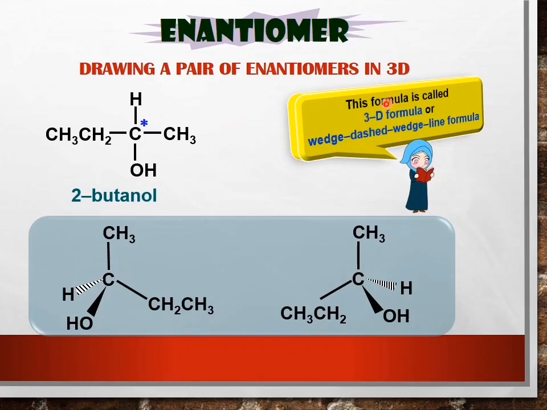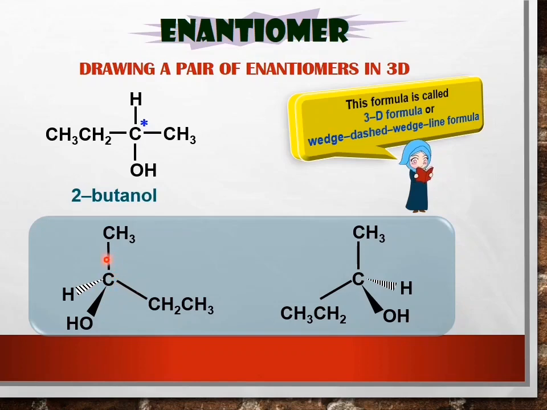by using a formula called the 3D formula or wedge-dash line formula, like this. So we need to draw the mirror image of this compound. Okay, we have 2 compounds here. If you look here, this chiral carbon we put at the center and then we draw the 4 bonds.